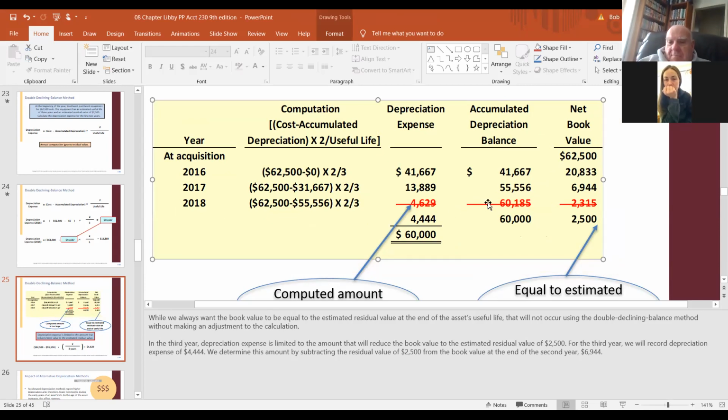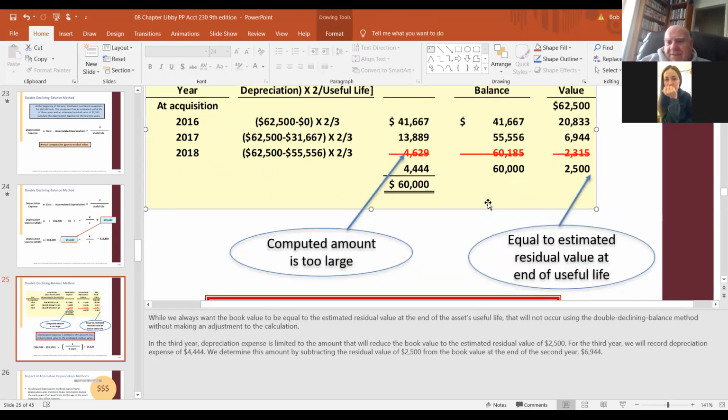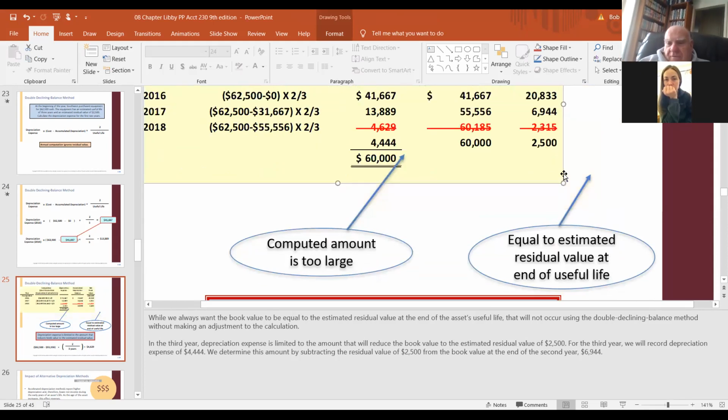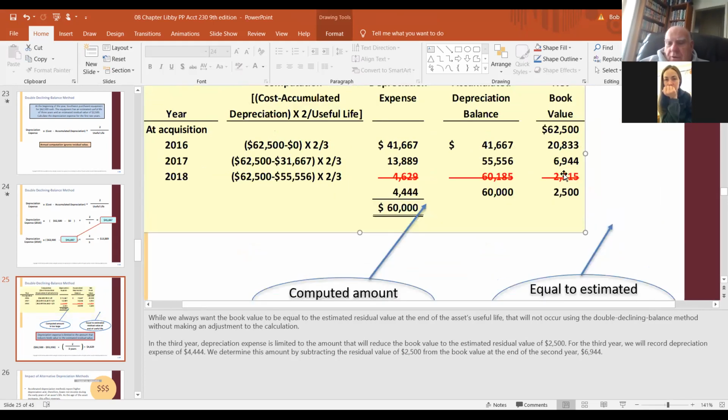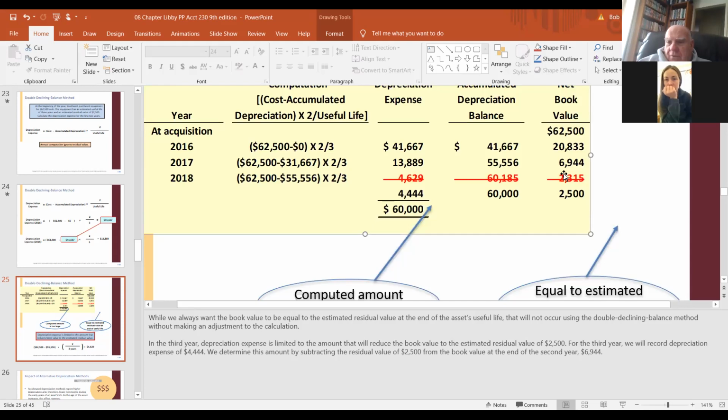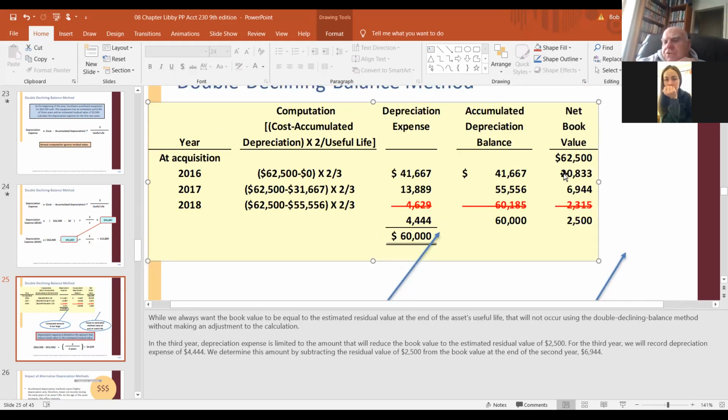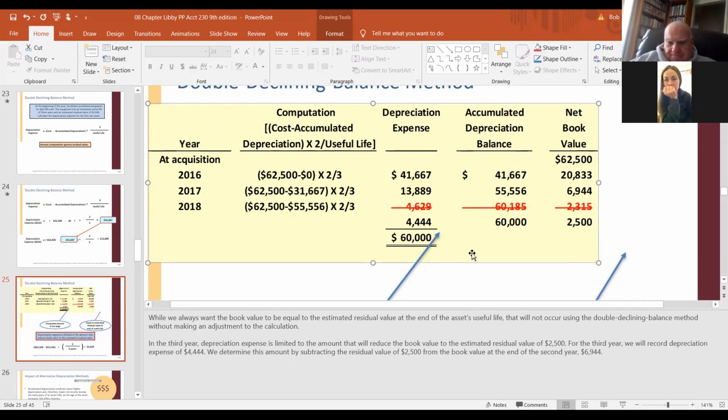But you must keep in mind that you can never have the net book value go below the salvage value. So that $2,500 is what we want. And here we got 23.15. So we went below it by $185. So this number here needs to be reduced. And that's what I hope they show us on the next slide.